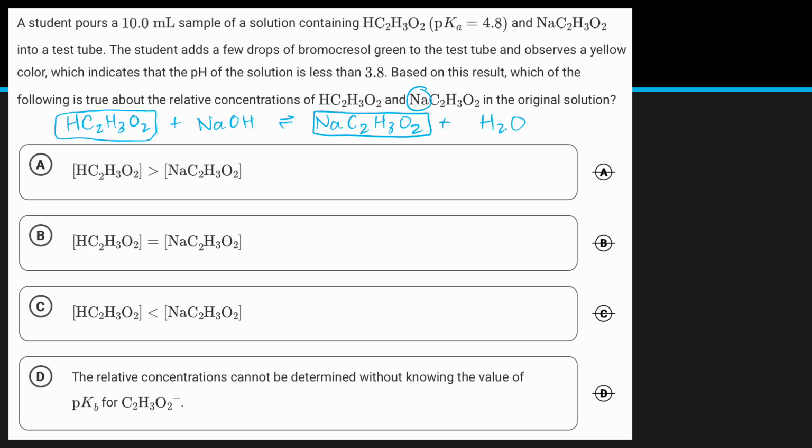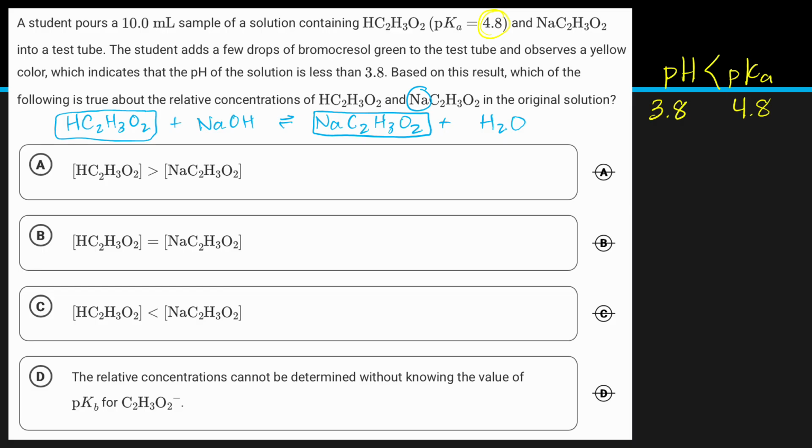So looking at our given information, we're given that acetic acid has a pKa of 4.8. We are also given that the solution is at or less than 3.84 pH. So we know that our pH is less than our pKa.